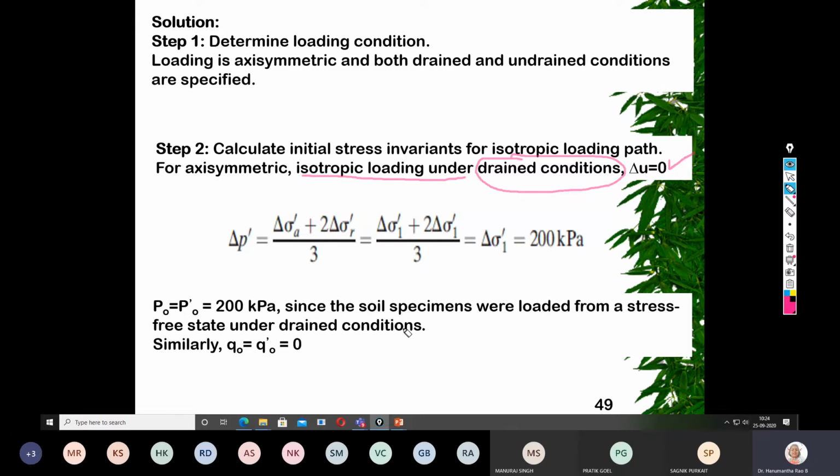So P naught, or P dash, is 200 kilopascals, and similarly Q naught, or Q dash, becomes 0. These are the values of P dash and Q dash at the initial state.